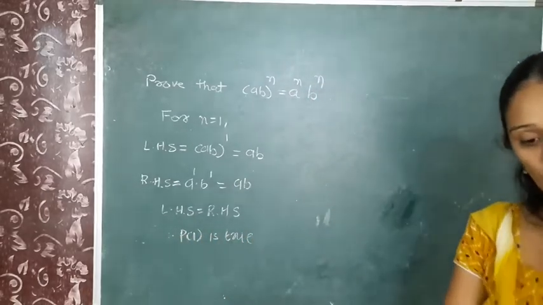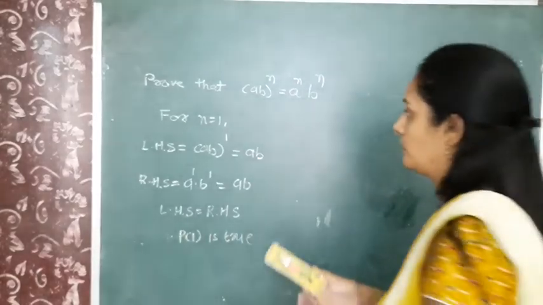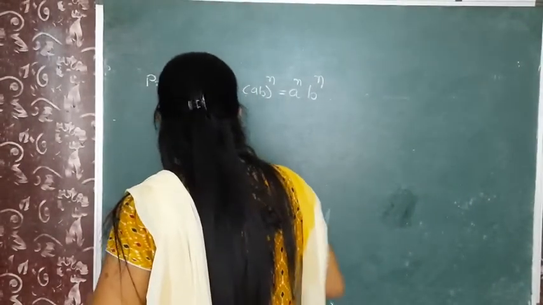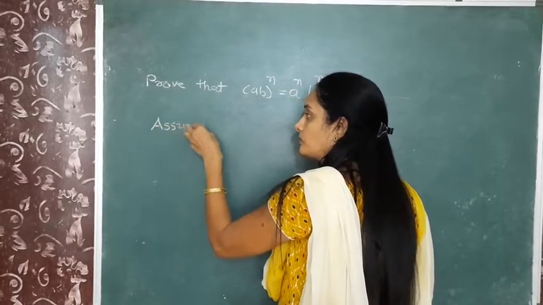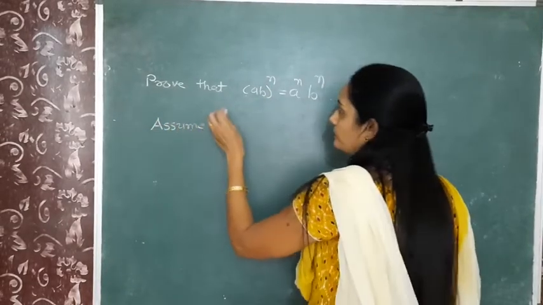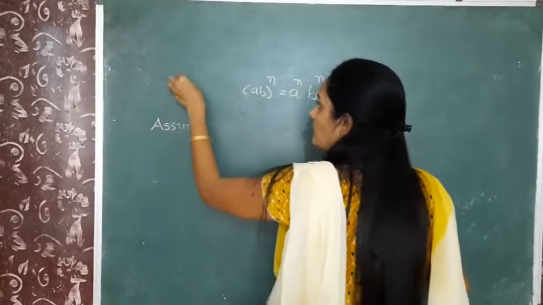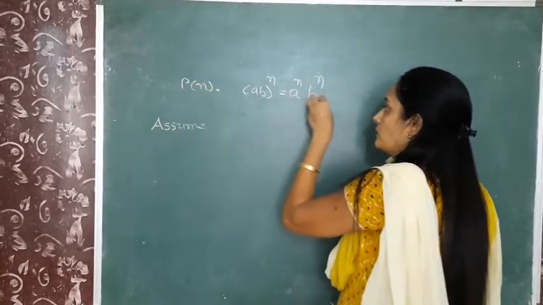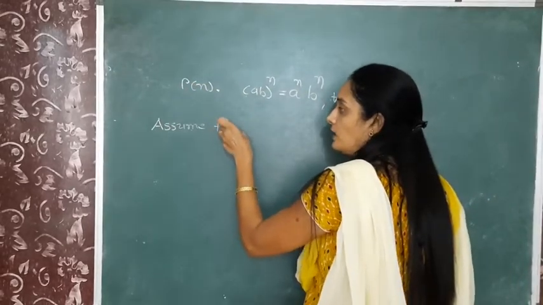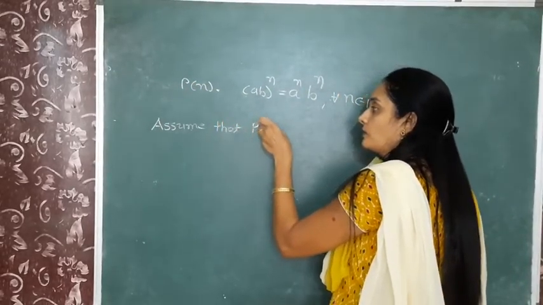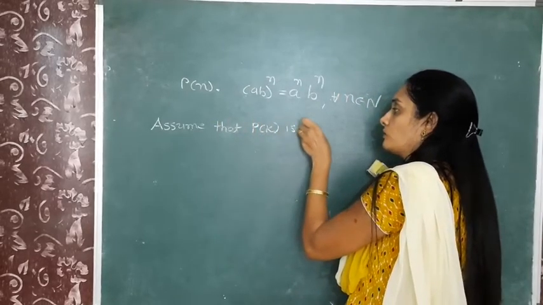Okay, now we assume that this is the given statement, P of n, for every natural number. Assume that P of k is true.